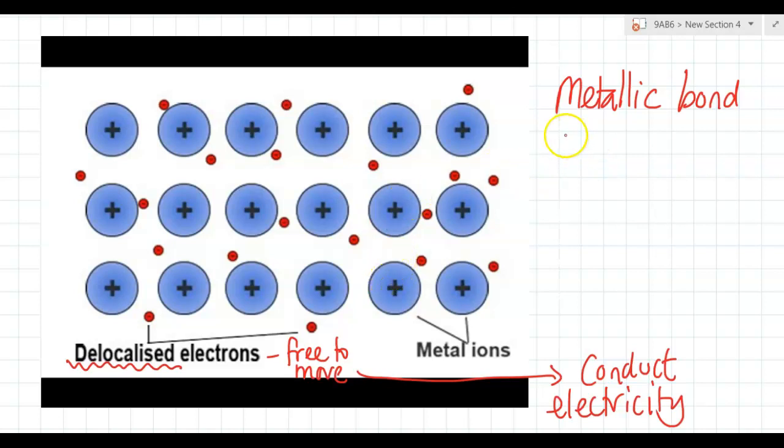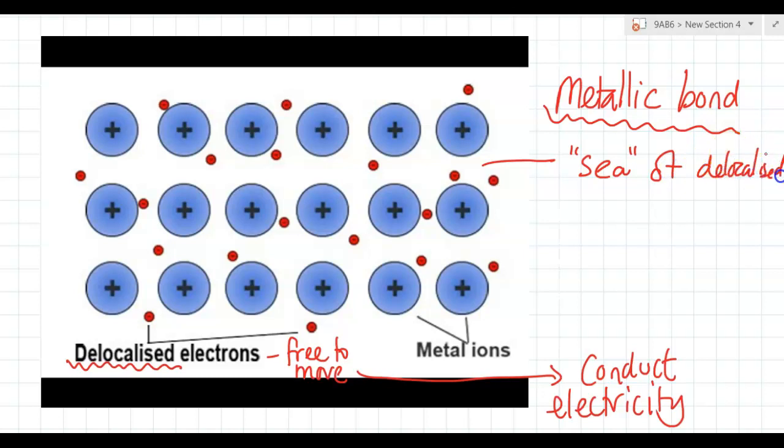Okay? So because metals are held together, we talk about a sea of delocalized electrons. This sea of delocalized electrons means that the particles, which we should refer to as metal ions, but metal particles, can move around each other. That's why metals can be bent. Metals are malleable.